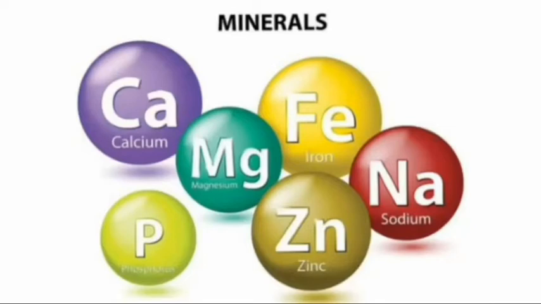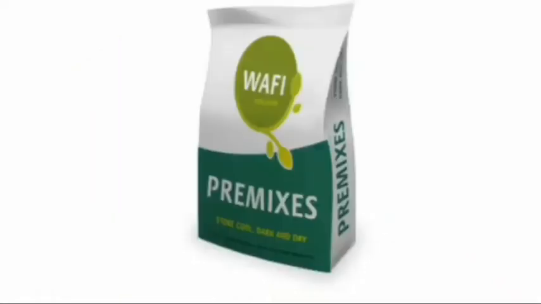This supplies minerals that are particularly lacking in the feed that is given to the farm animals. This helps to make up for that particular nutrient that is deficient in the feed given to the farm animals.